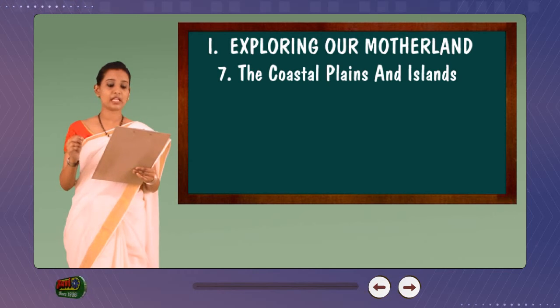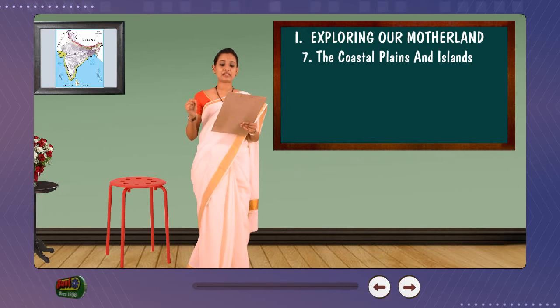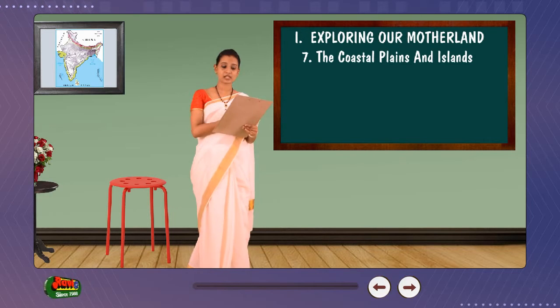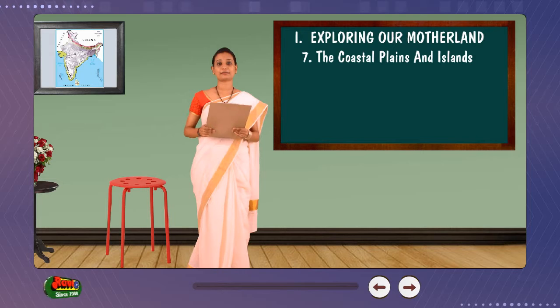Lakshadweep, formerly known as the Lakkadiv, Minikoi and Amini Devi Islands, is a group of islands in the Lakshadweep Sea 200 to 440 kilometers off the southwestern coast of India. In this lesson, you will learn about the coastal plains and islands in India.